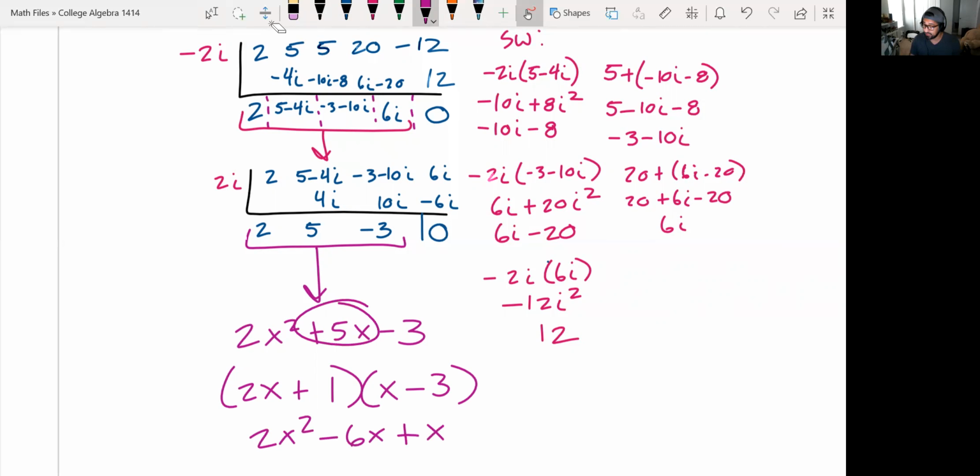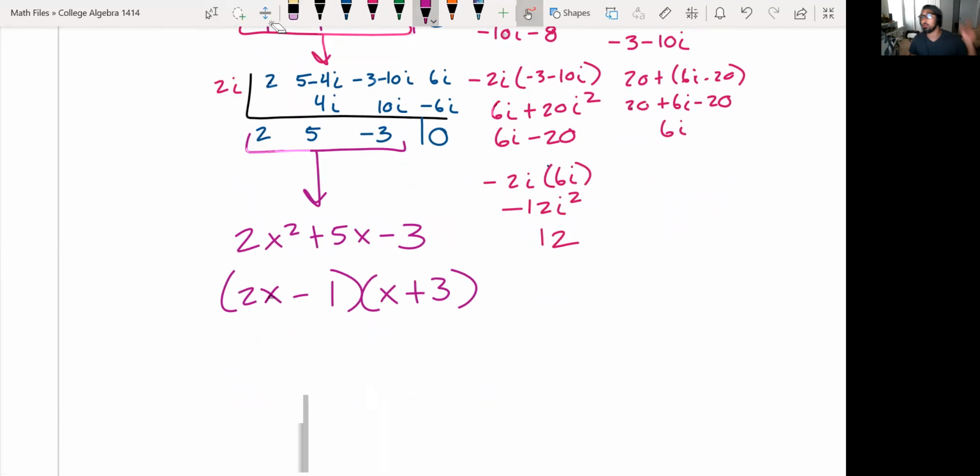We're looking for positive 5x. So all you have to do is switch the signs. Make that plus 3. And that'll fix it. And we have successfully factored it, which lets us find the remaining zeros, which are x equals 1/2 and x equals negative 3.